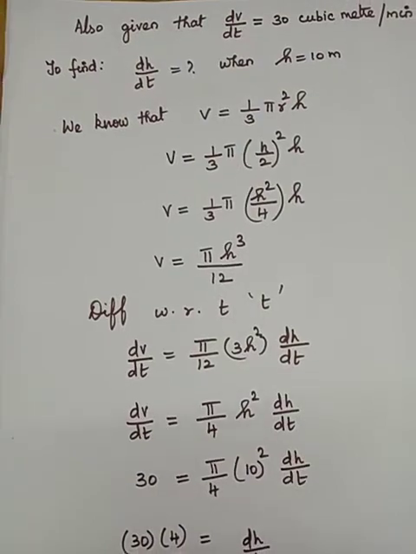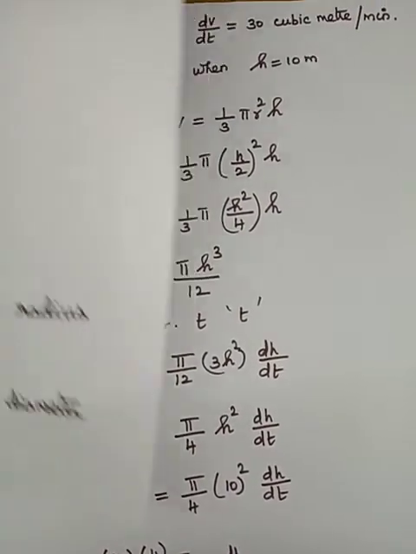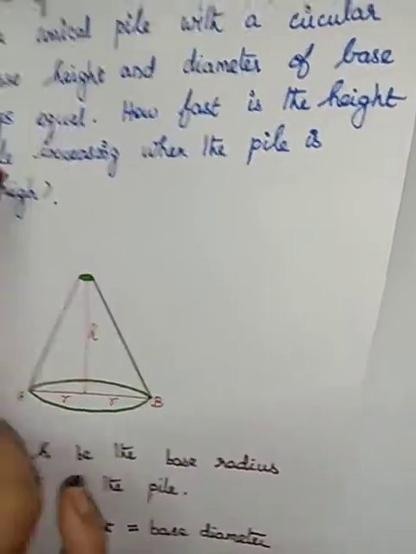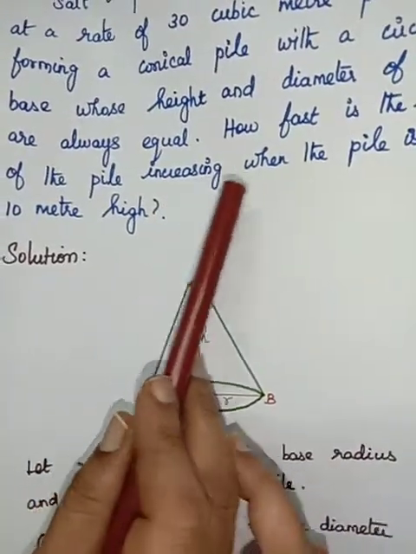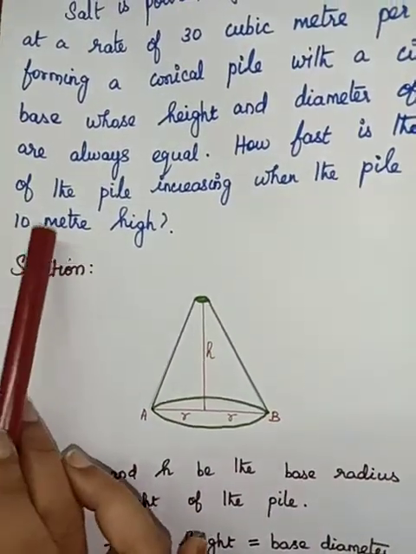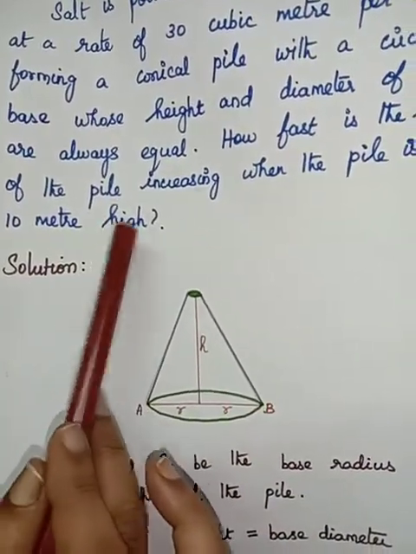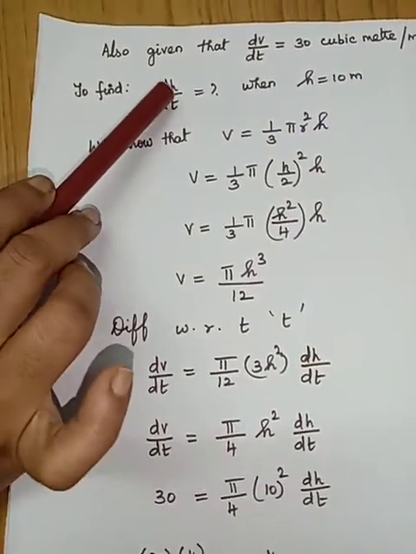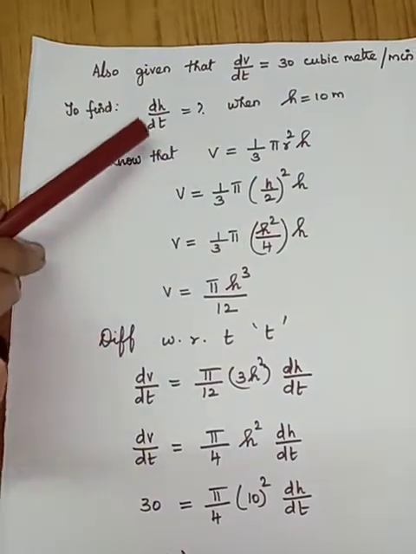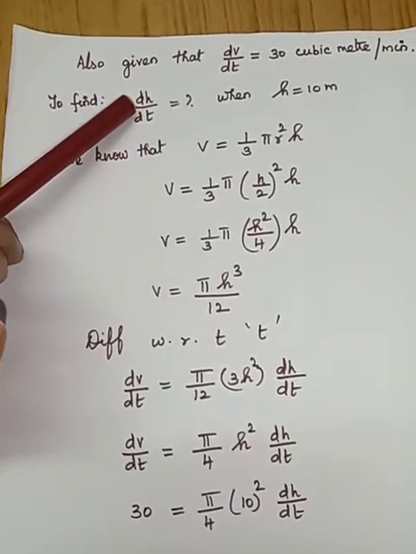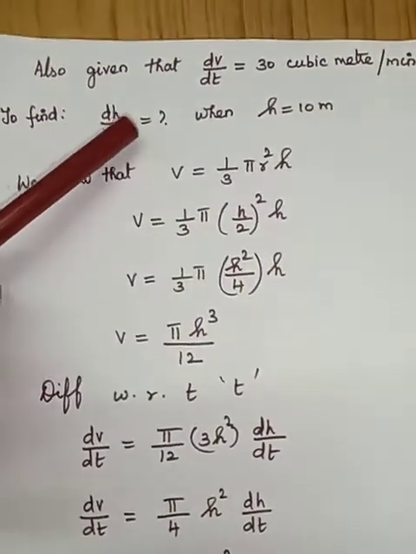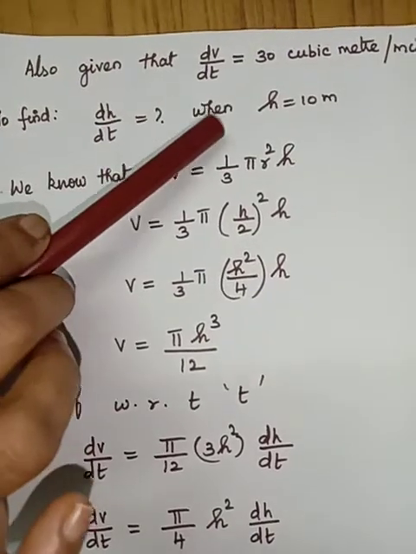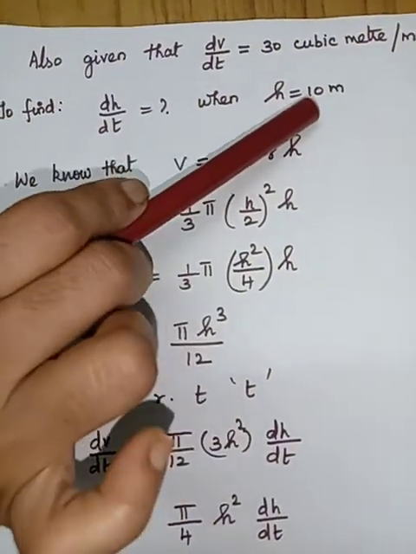What is asked? How fast is the height of the pile increasing when the pile is 10 meter high? The height of the pile we denote as H. In what rate it is increasing? So we have to find dH by dt when H is equal to 10 meter.